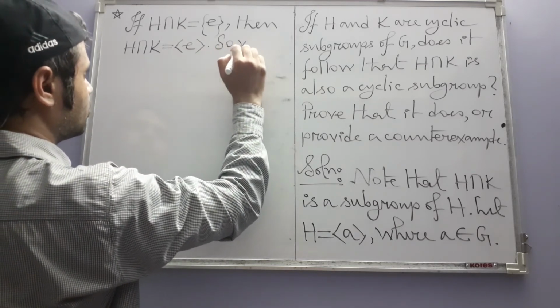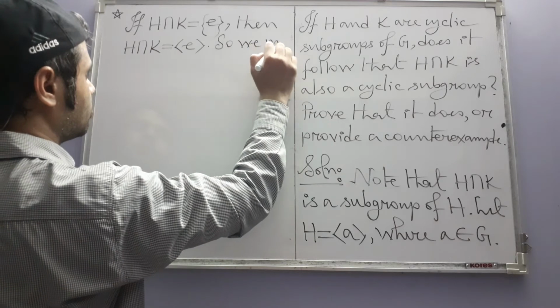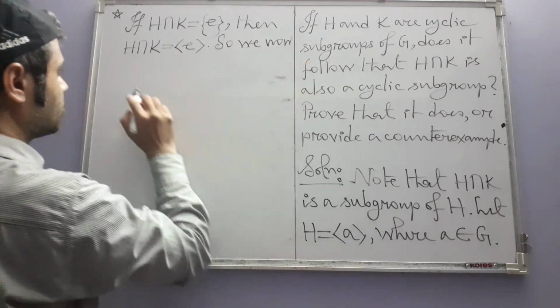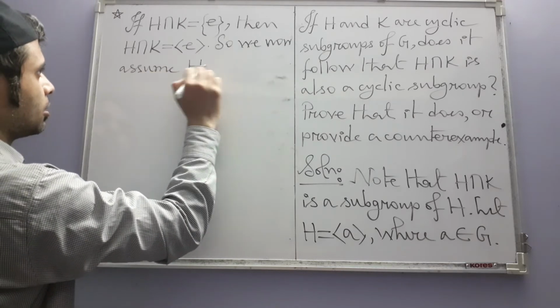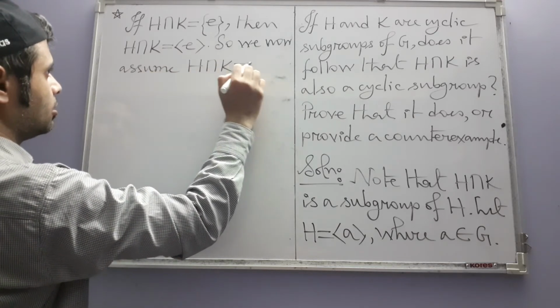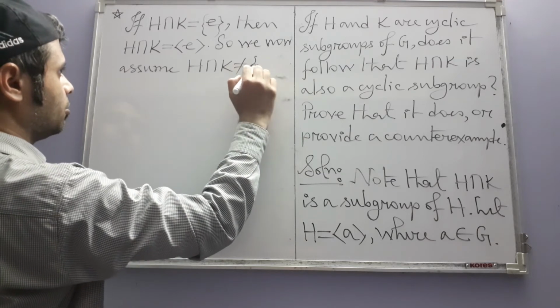So we now assume that H intersection K is non-trivial.